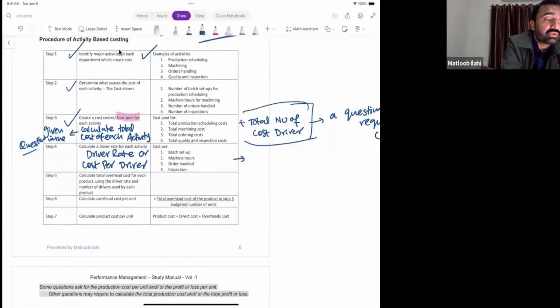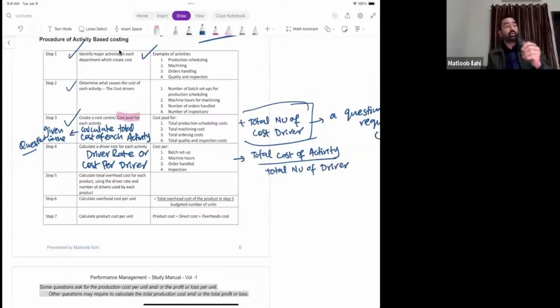The formula is total cost of activity divided by total number of drivers. Total cost of activity is given to you in the question. The total number of drivers is sometimes given, sometimes you have to calculate this for the activity. So in this way, you can calculate the driver rate.